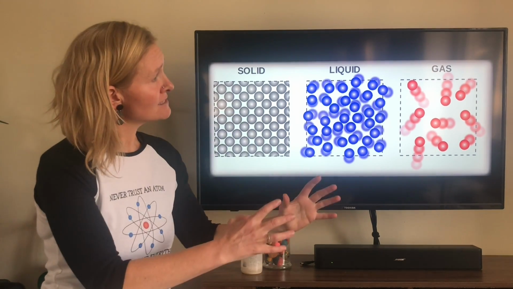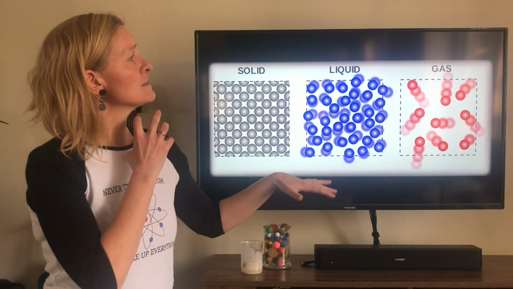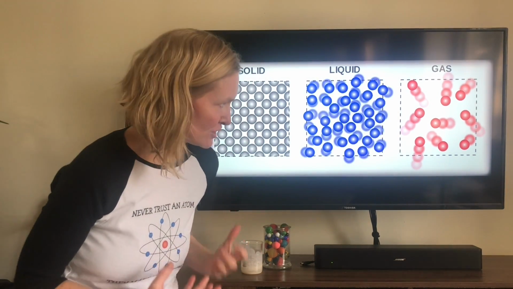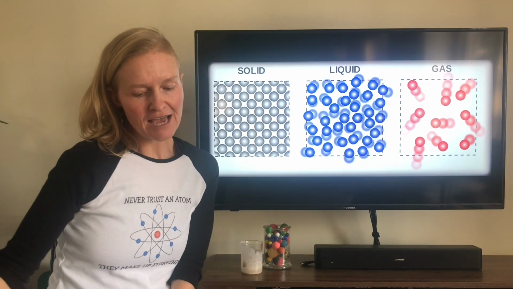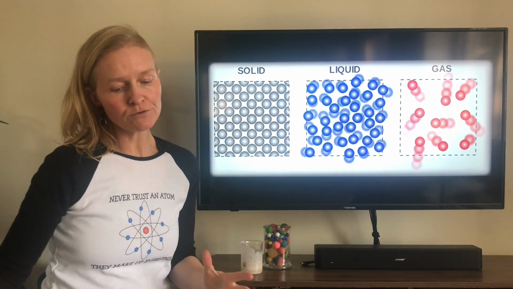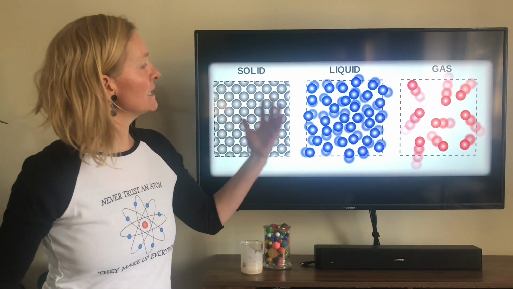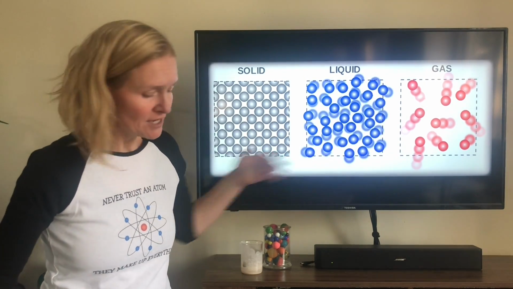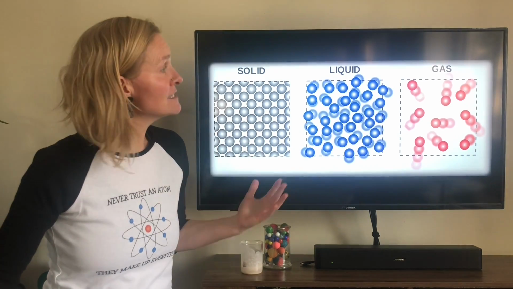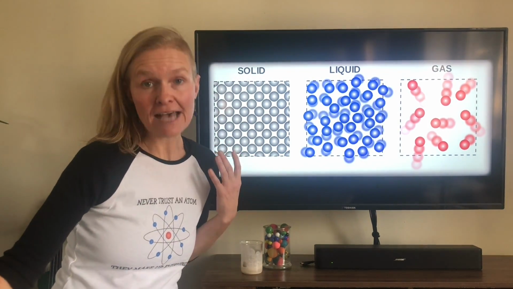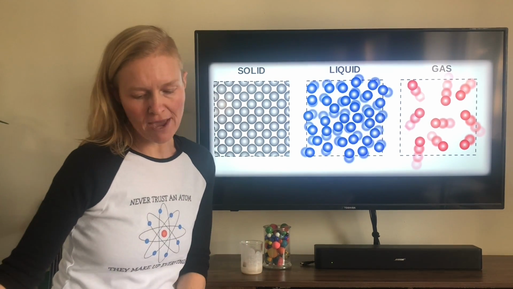In the gas, we know that the molecules are moving even faster. They have even more energy. And so molecules in solids move slowly, molecules in liquids move faster, and molecules in gases move the fastest. So molecules in gas form have the most amount of energy.